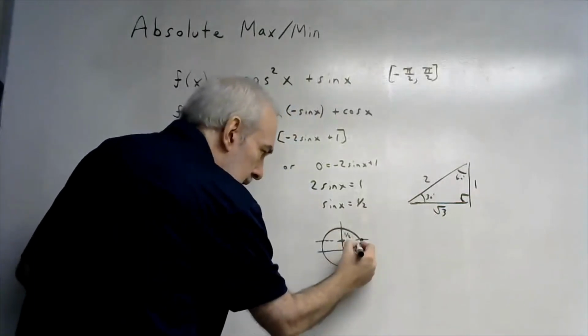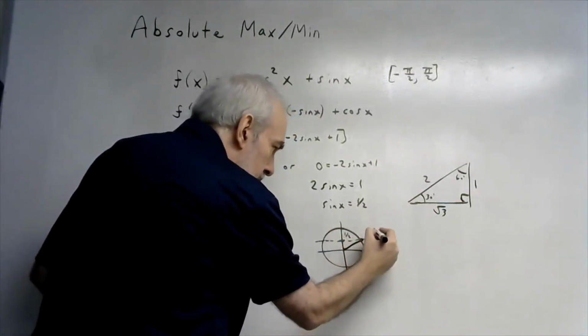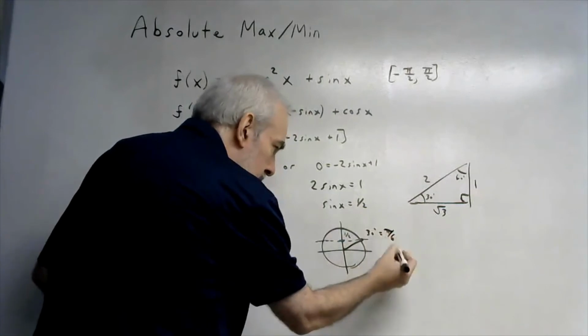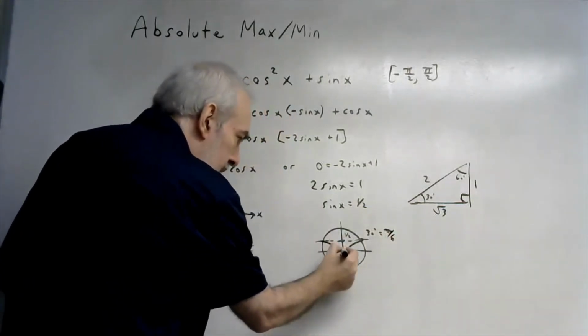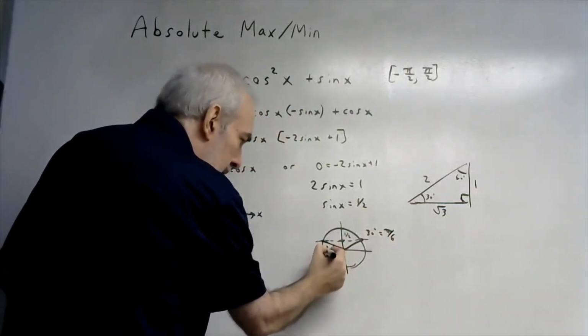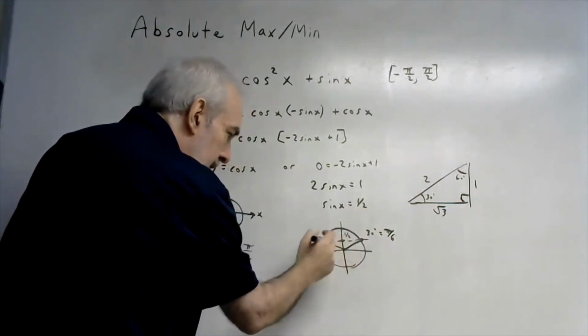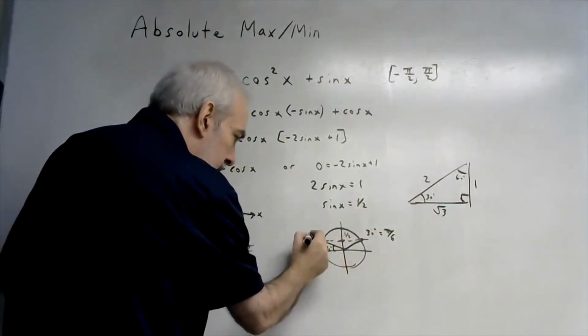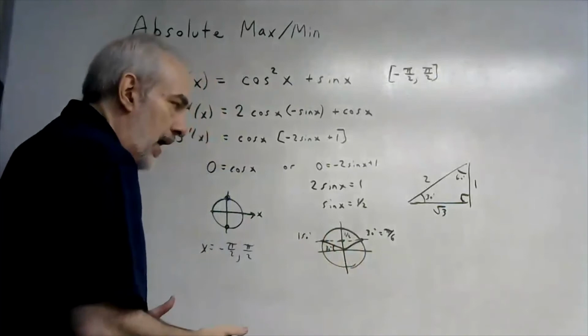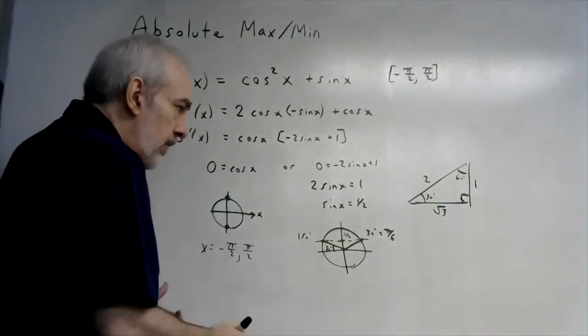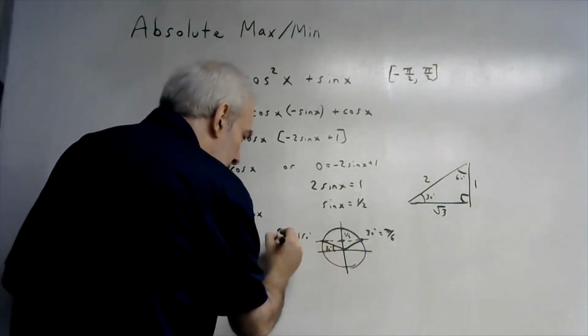So that would be here at 30 degrees or pi/6 radians, but also over here where that's 30, which makes the angle 150 degrees. That's 5 times 30 is 150. Therefore, it's 5pi/6.